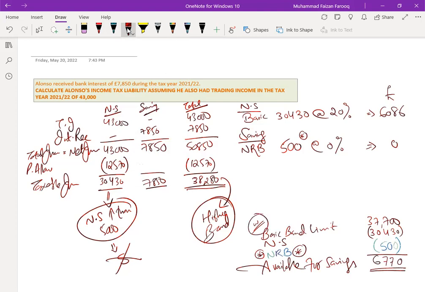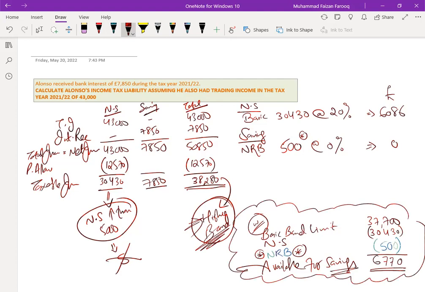Students often forget this working, but you must remember it to find out how much income will fall in the basic band, because this person goes up to the higher band. Many students forget to deduct this 500. You know the limit is 37,700; deduct these amounts and you get the available basic band for savings income.